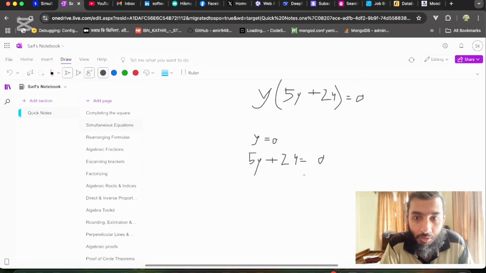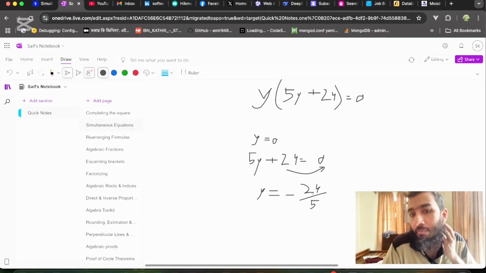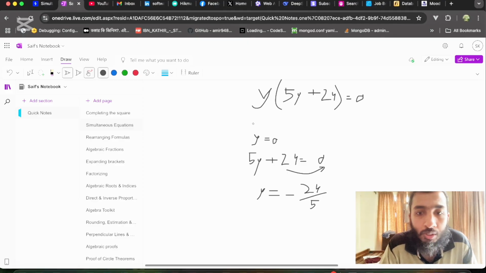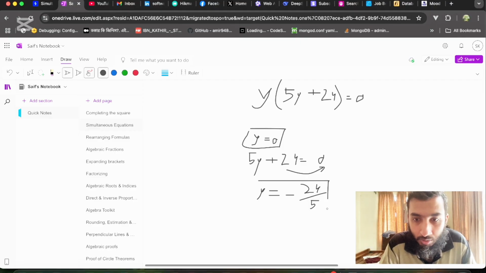So if 5y plus 24 equals 0, y equals what? Minus 24 by 5. If I take minus 24 here and then divide by 5, I get minus 24 by 5. So either y is 0 or y is minus 24 by 5.